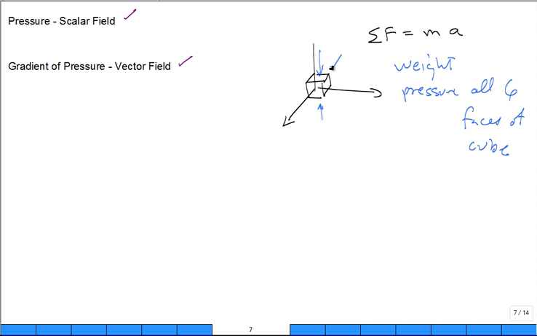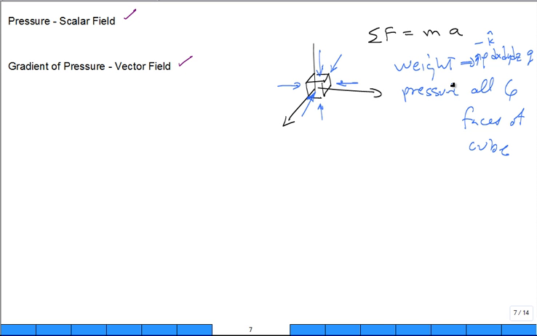From the back it pushes forward, from the front it pushes back. From this side it pushes back, that side pushes forward. True? So you have the weight acting down. That will be something like rho times dx, dy, dz times g, and it'll be in the negative k direction, for the weight.